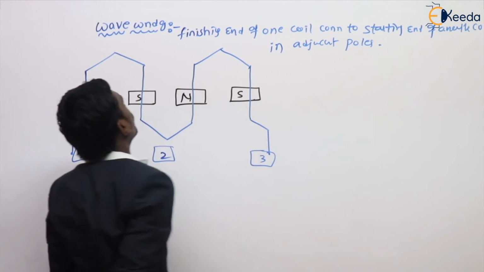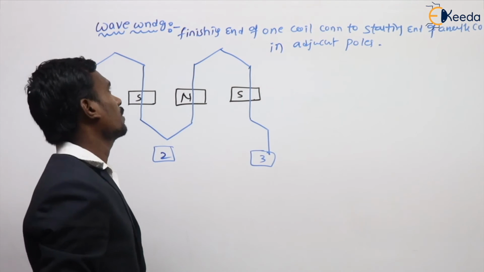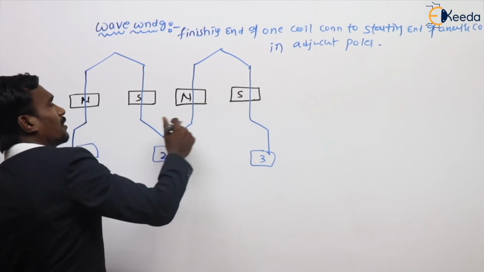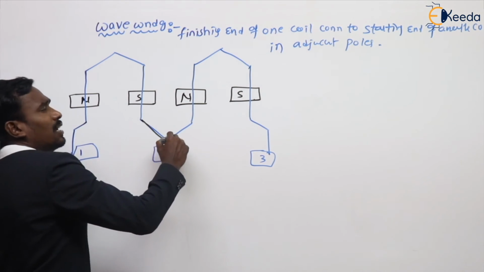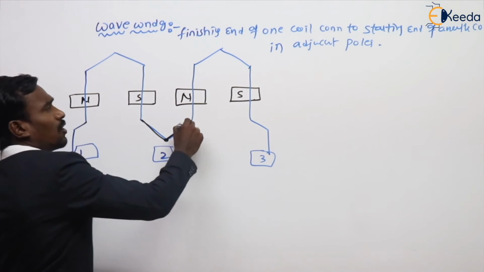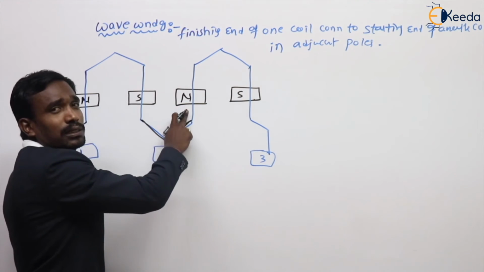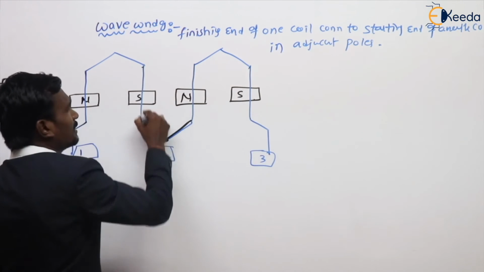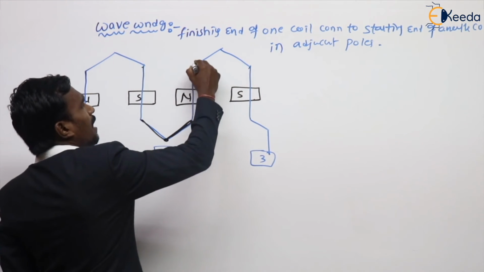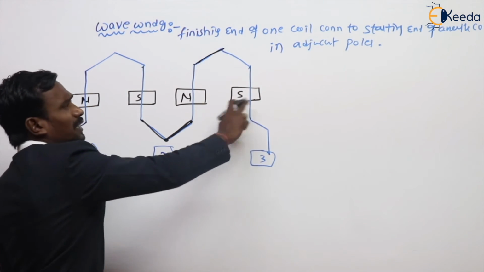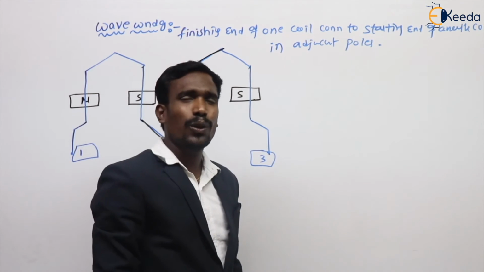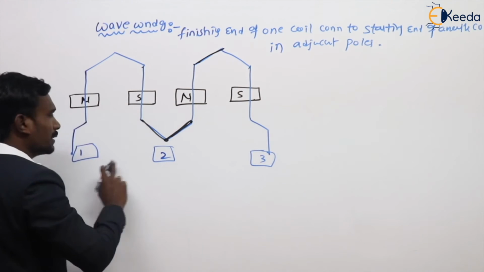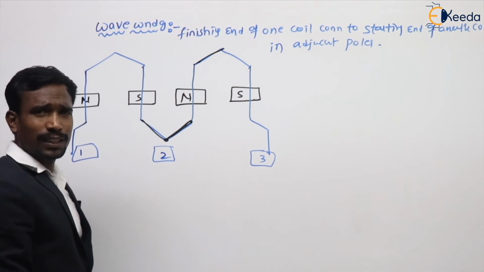This is the finishing end of one coil and this is the starting end of another coil, in adjacent poles and the next adjacent poles. For example, this is a coil with a finishing end and a starting end. Connection in adjacent poles is called wave winding. It looks like a wave, and these are the commutator segments as usual.